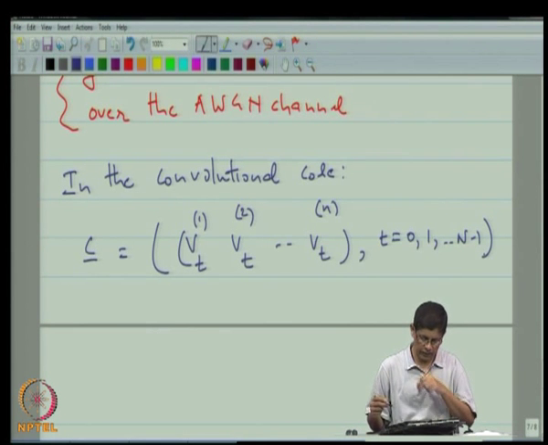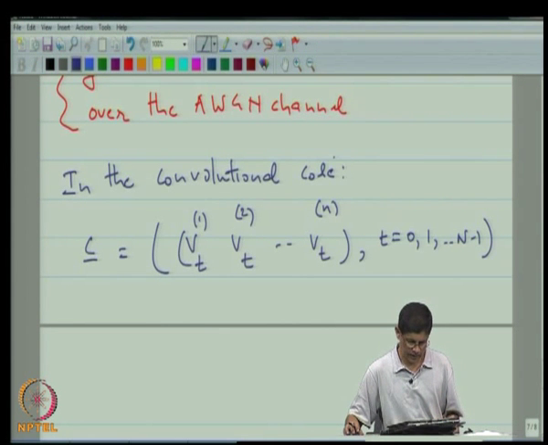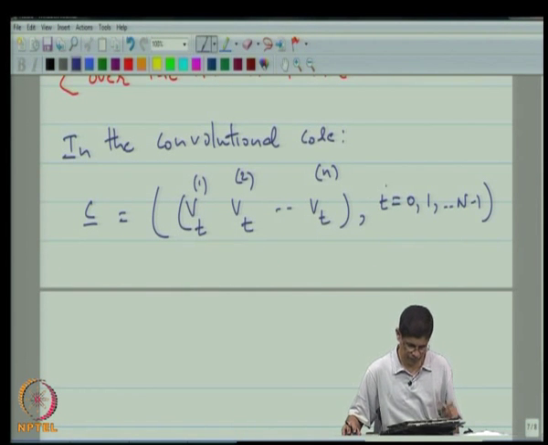So, this is what your code word will look like. It will be the collection of all n tuple outputs.